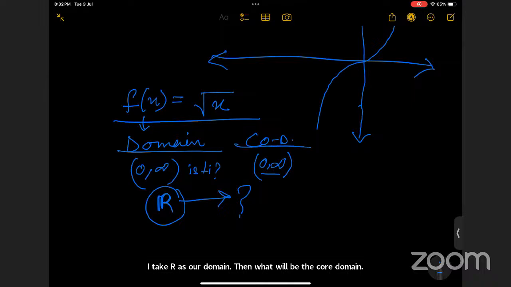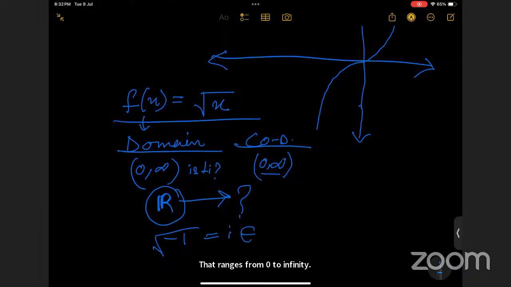Ma'am, that could also be R. The range is 0 to infinity. If I take -1 here, it becomes a complex number. Then it is not a real number. What will be the codomain then?